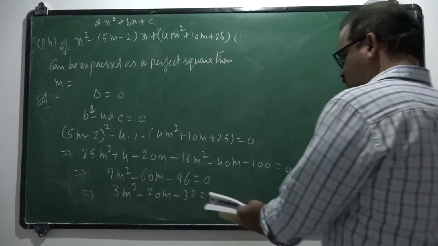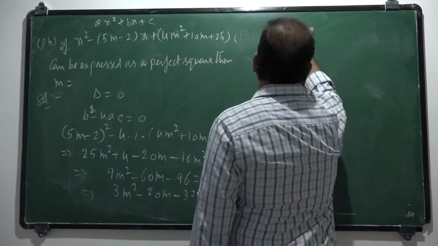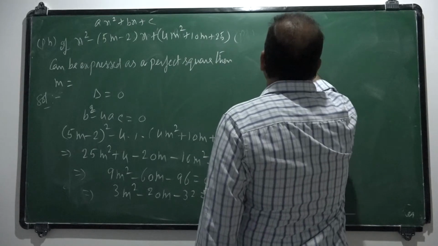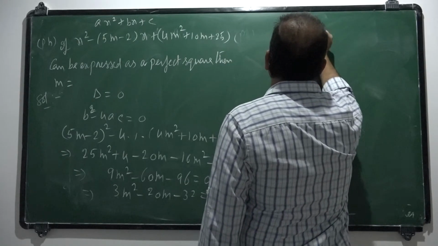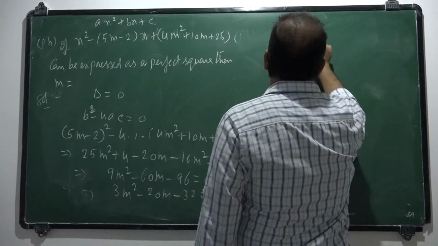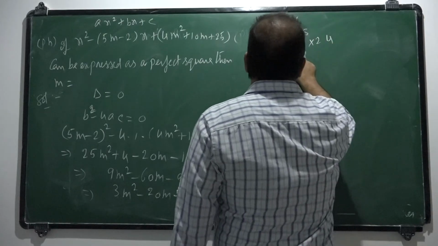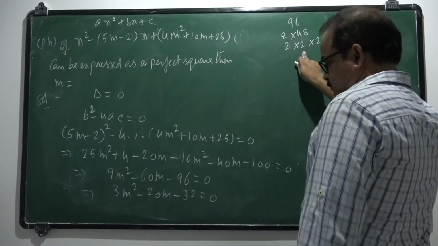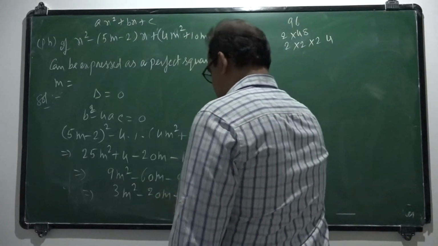See here, 32 into 3 is 96, 2 into 48, 2 into 2 into 24, 24 into 4, 24 minus 4 is 20.